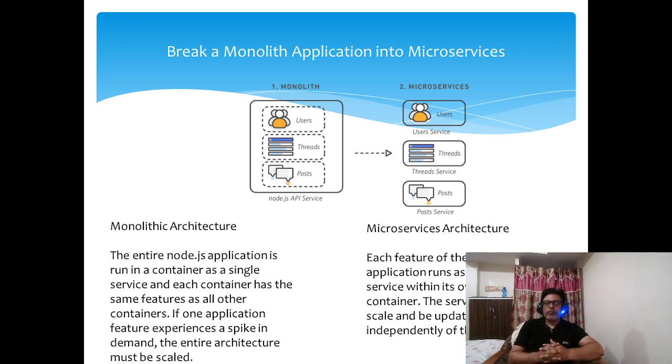On the other hand, with microservices, each feature of this Node.js application runs as a separate service on its own container. The services can scale and be updated independently of each other. So that's what the entire workshop looks like.